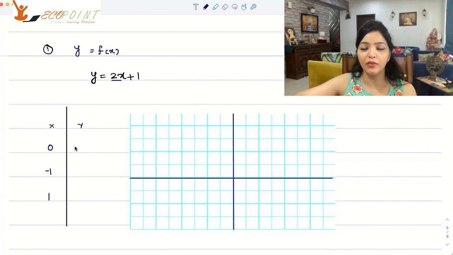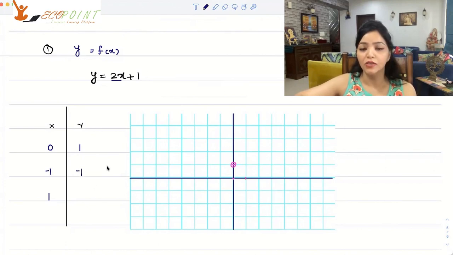When I put the value x equals 0, I derive that y is equal to 1. On the graph, this point will look like this: this is 1, this is 0 for x, and 1 for y. So that means we're talking about this point. If x is equal to -1 and you put the value here, you'll get -2 plus 1, which gives you -1.